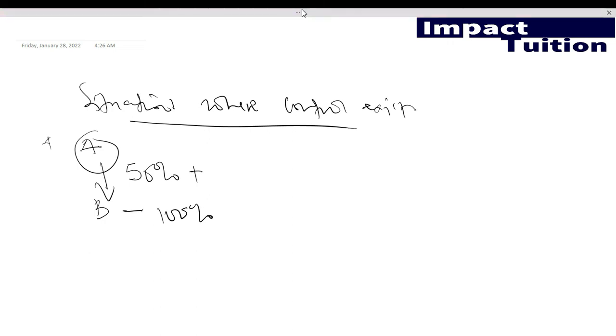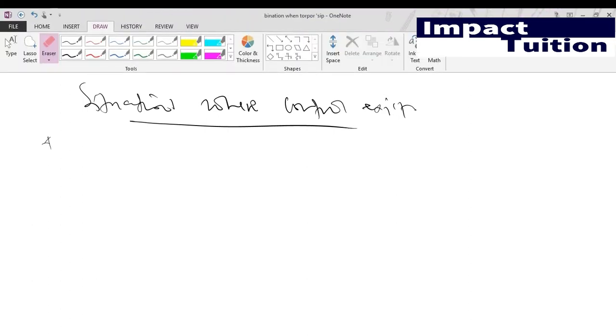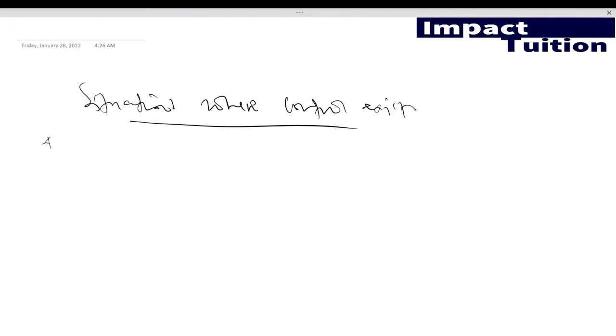Now we have wholly owned subsidiaries, where one entity owns 100% of the shares in another.